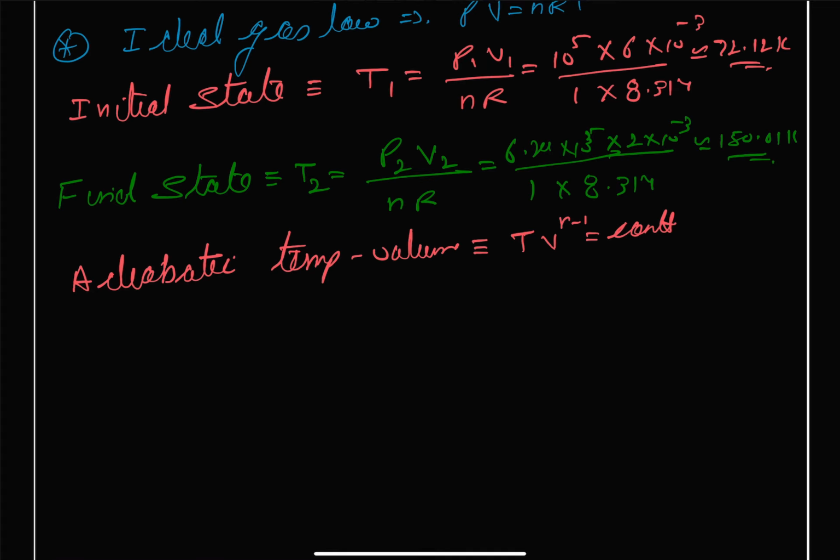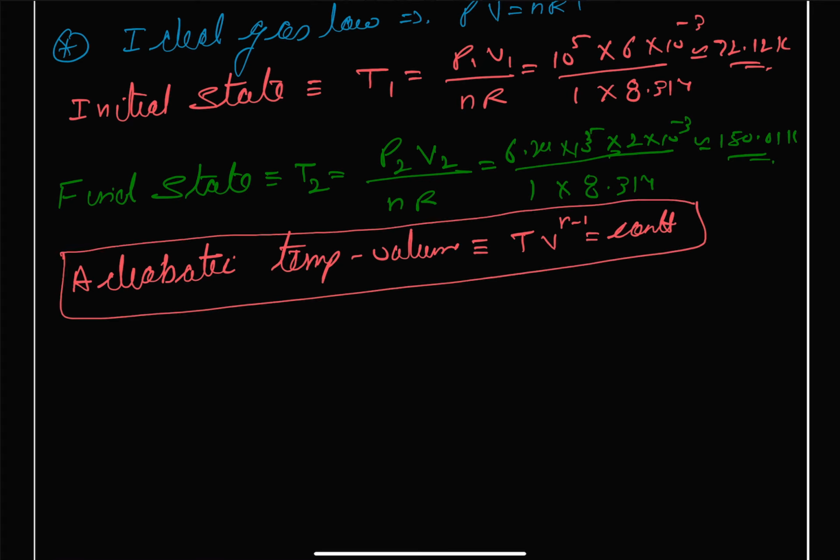Here also we can find out our T2, because T1 we already found out. So this can also be used, because T1 we have to find out by the ideal gas law, then we can use this adiabatic temperature volume relationship to find out our T2, but the answer will be the same.